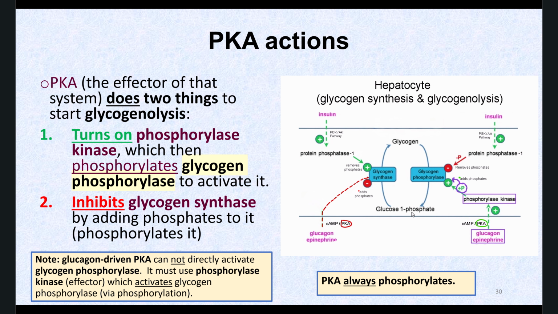Okay, and just on the other side of the coin, there's insulin. I think we talked about that. There's PP1, and we talked about how that gets inhibited by adding phosphates, which is really strange.